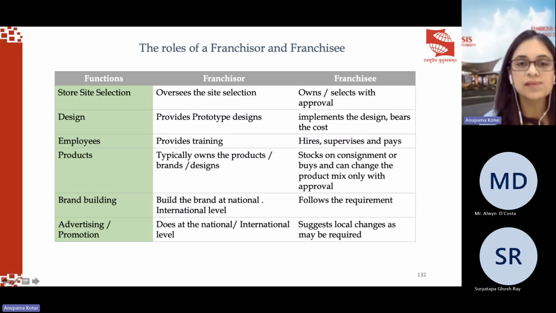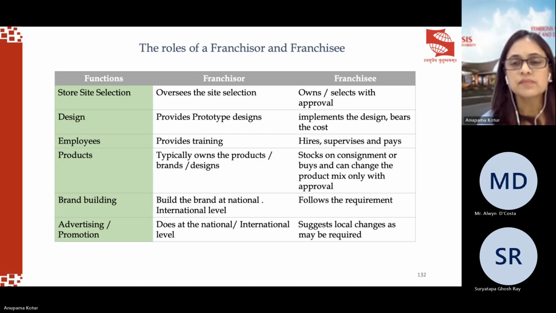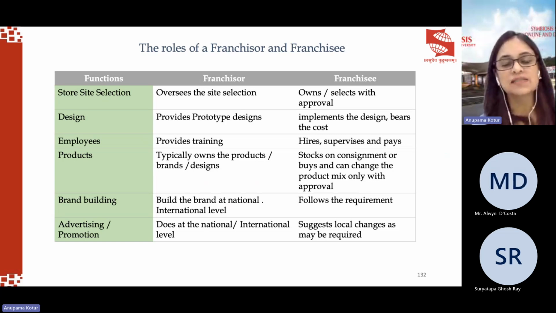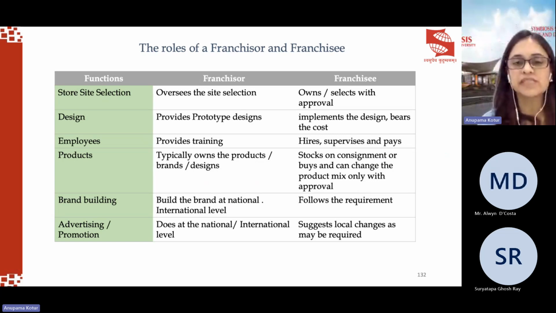Now, the roles of the franchisor and the franchisee, how involved are they in terms of store site selection? Not quite. While it's up to the franchisee to select and own the location, the franchisor may have some say in it, but otherwise, largely, it's up to the franchisee to select a location.